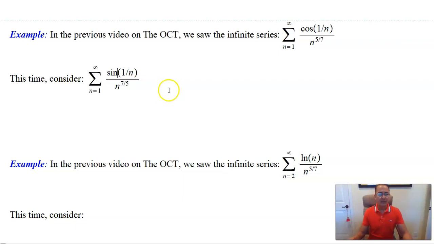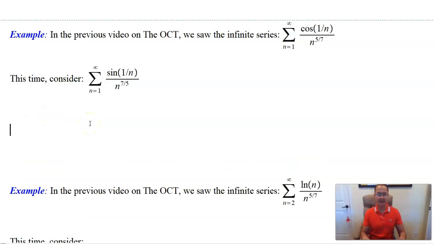That completely changes the problem because sine and cosine behave very differently as n gets bigger and bigger if you have 1 over n over here. Sine of 1 over 100, what is that? It's very small. There's a 10 to the minus 3 there. That's because as the angle gets smaller and smaller, the sine, which is the y-coordinate, gets closer and closer to 0.